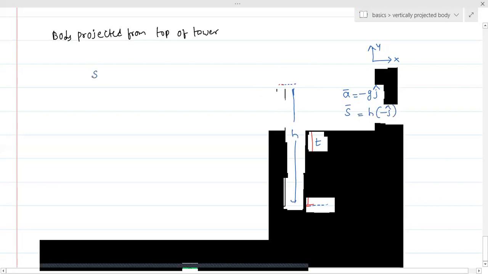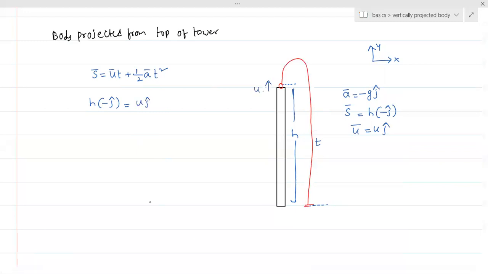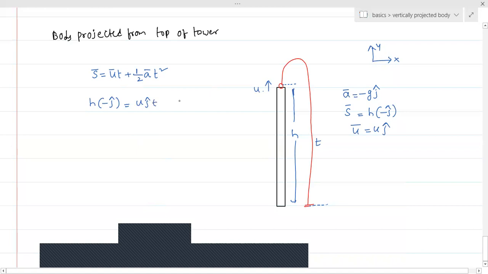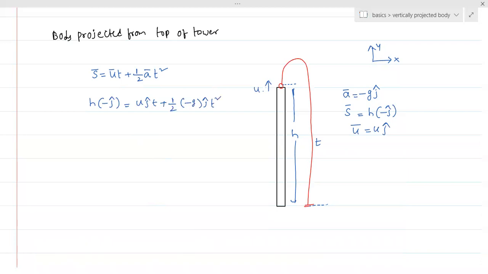Now we apply s = ut + half a t square in vector form: s bar equals u bar into t plus half a bar into t square. s bar is h into minus j cap, and as it is projected upwards, u bar is u into j cap. So u j cap into t plus half into minus g j cap into t square.